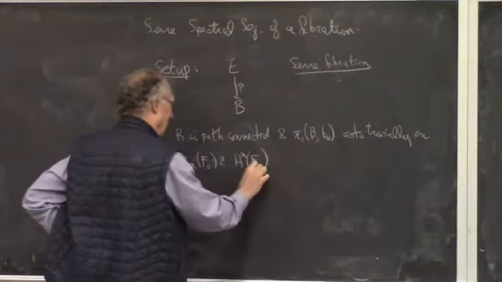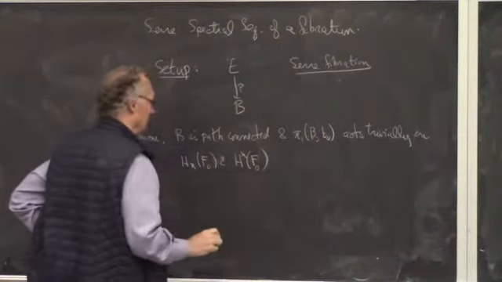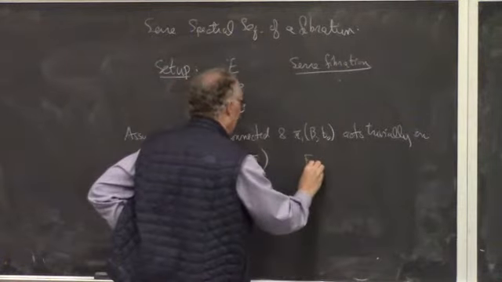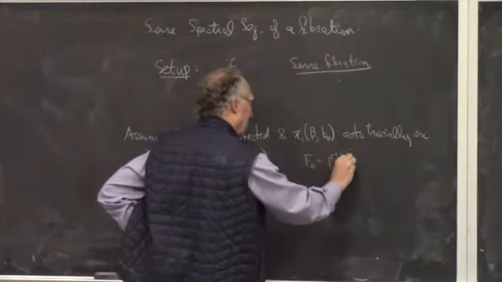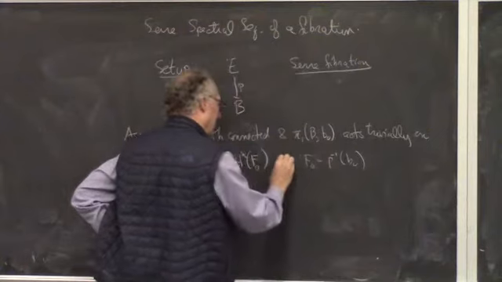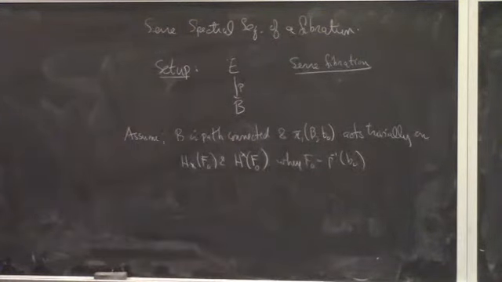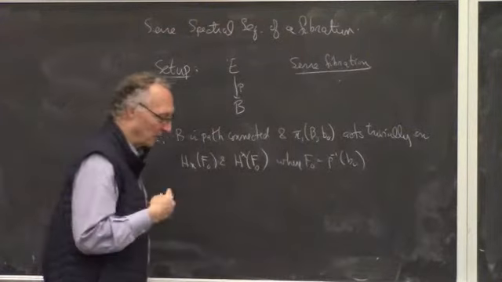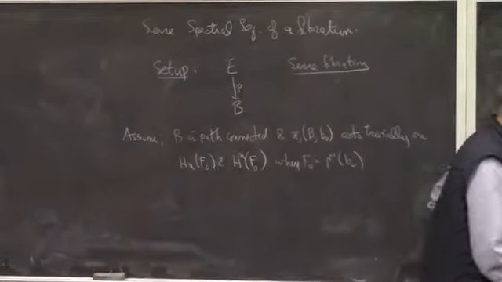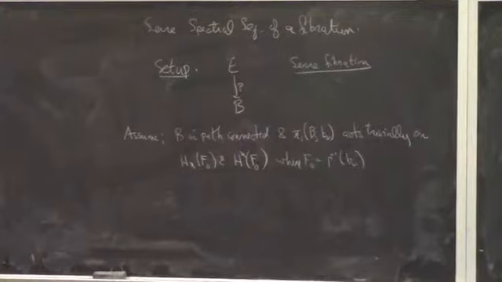I think F is a bad name for the fiber since it looks like a filtration. So F naught is the fiber over the base point b naught. So this will allow me to avoid twisted systems of coefficients.